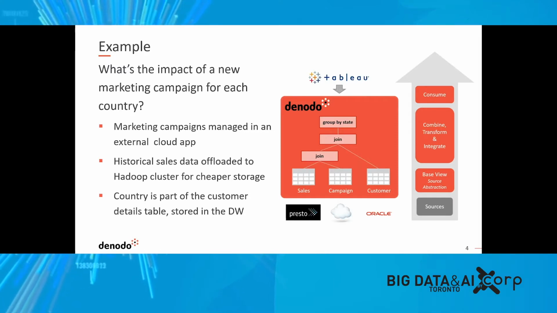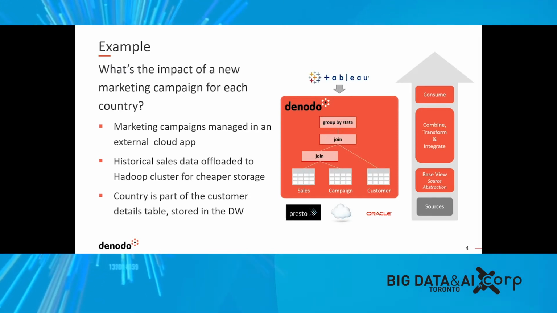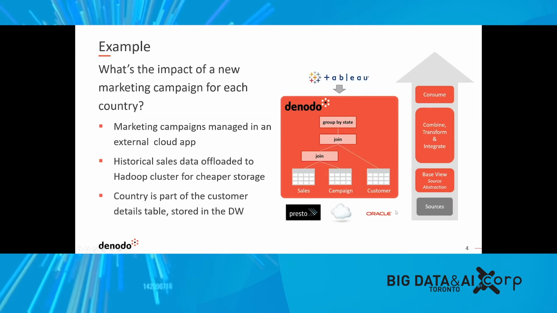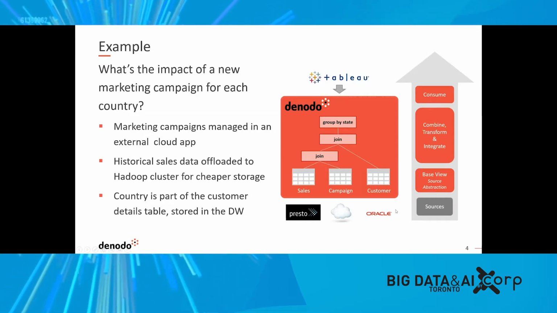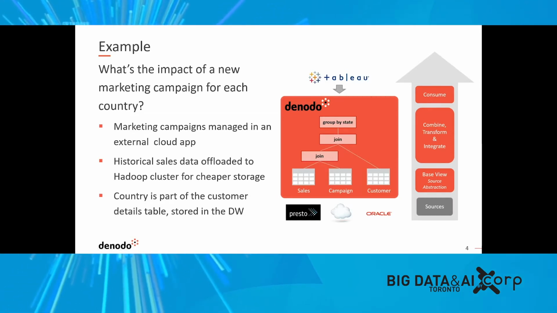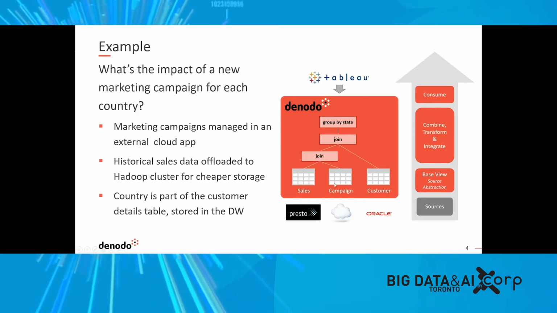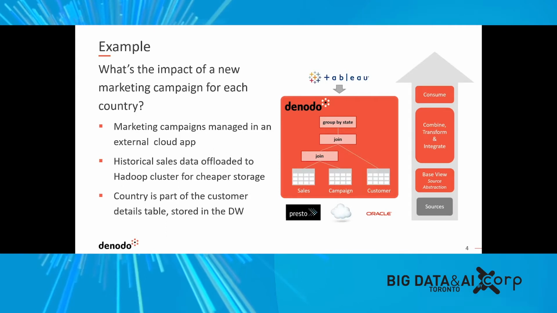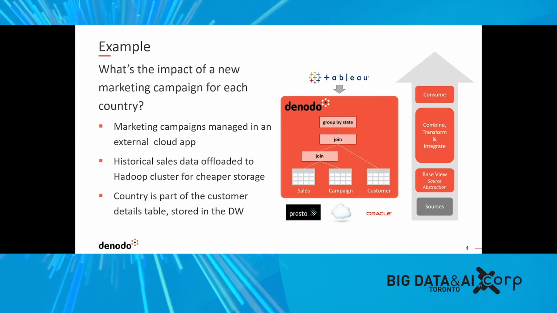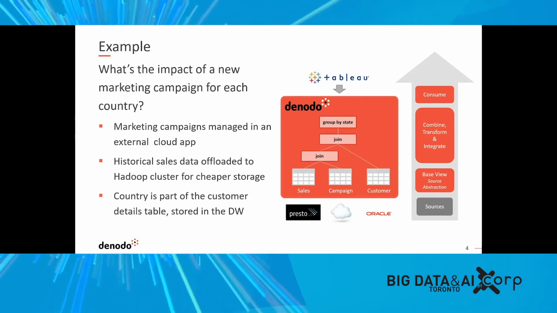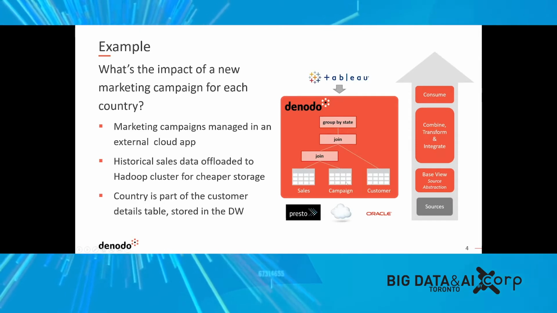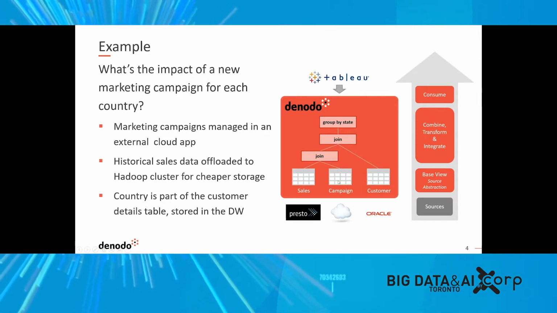We only require the metadata from each source because Denodo does not persist data from your source systems. Once we've imported the metadata for these objects, they are represented in Denodo as what is called a base view. Denodo has 2 types of views, base views and derived views. Derived views are created in Denodo from other views. On this slide, you can see the base views represented by these grayed out boxes.